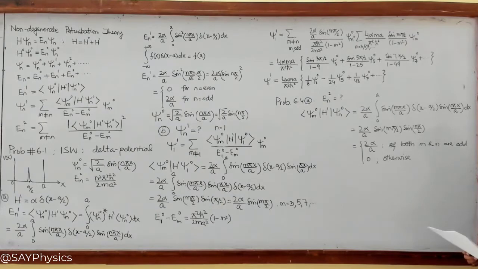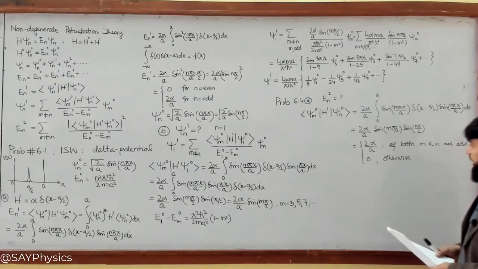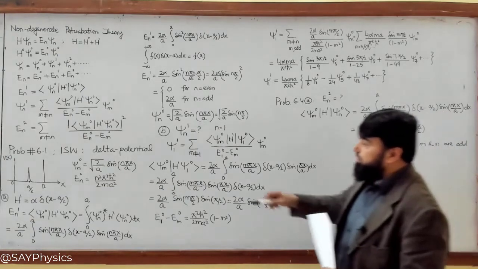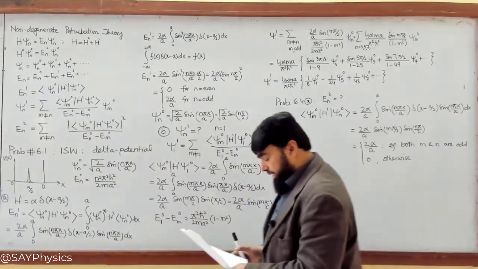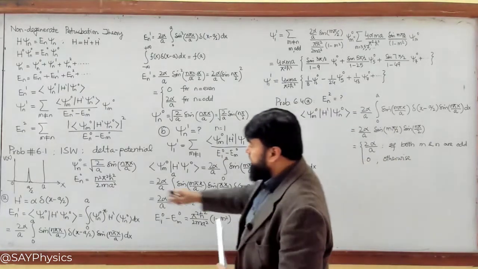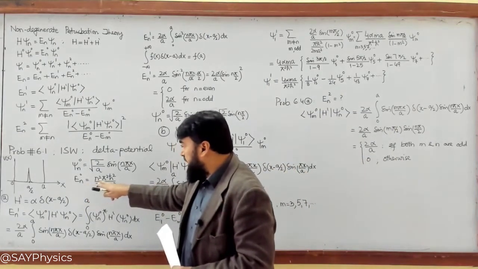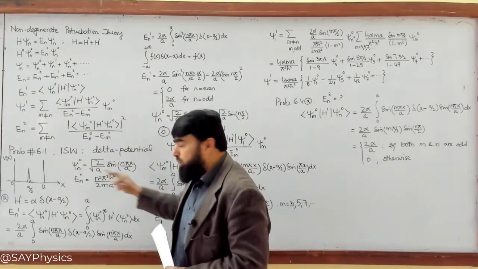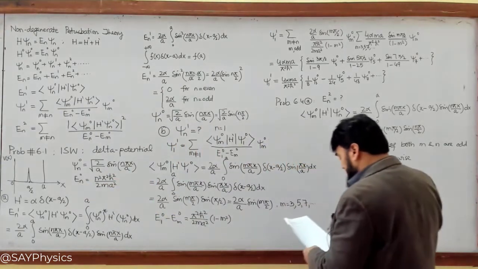Now I can put this back into the second order correction equation, keeping in mind that Em0 will be m squared pi squared h bar squared over 2ma squared, and En0 is just the index replacement.